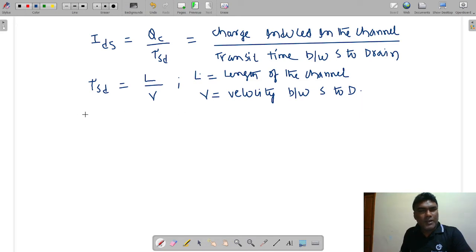Let us see the velocity. V is equal to mu into EDS. That is the velocity formula, mu into EDS.